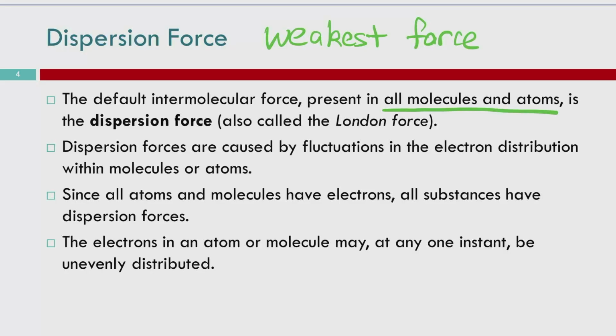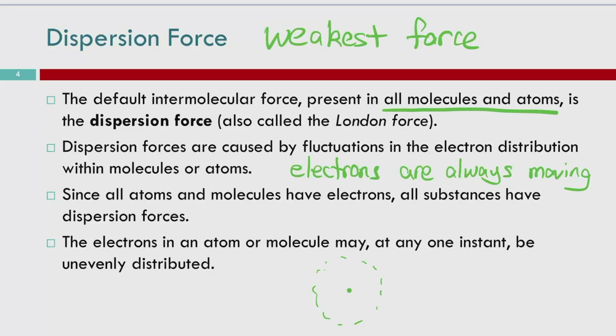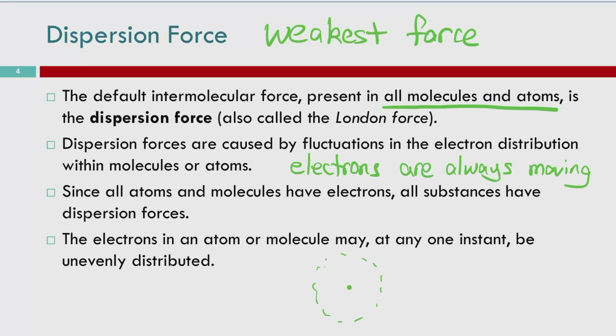Dispersion forces are caused by fluctuations in the electron distributions. Electrons, we can think of it, are always moving. So we've got our model of an atom, and let's think of it as just having one little cloud of electrons, right? The electrons, however many there are, could all be on one side or the other, or they could be evenly distributed.